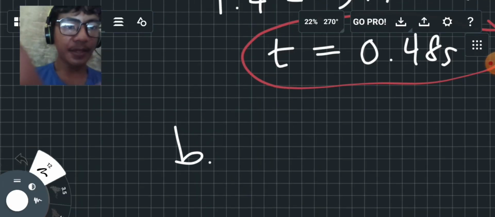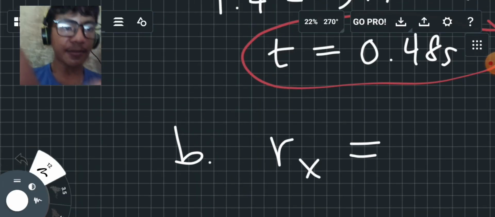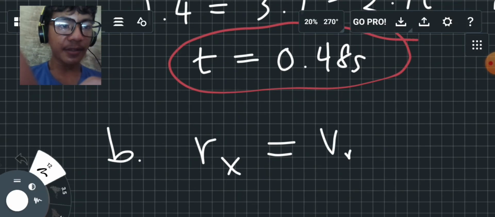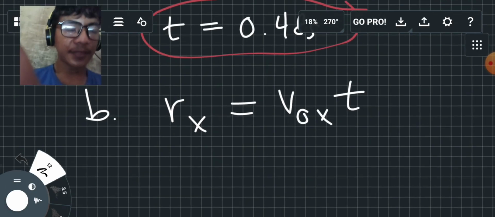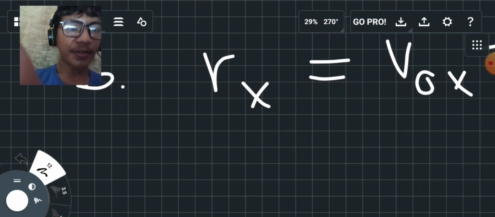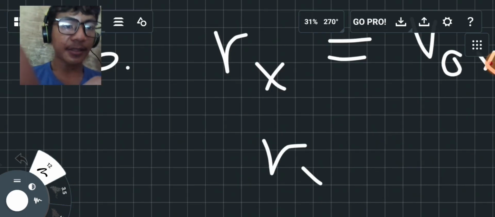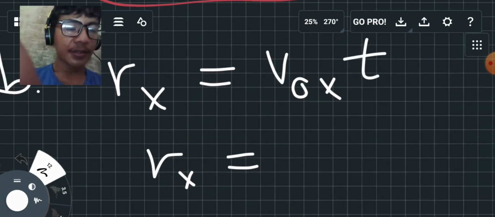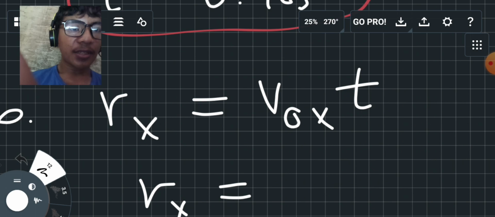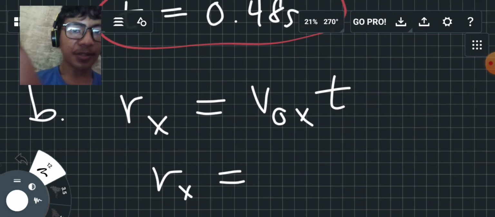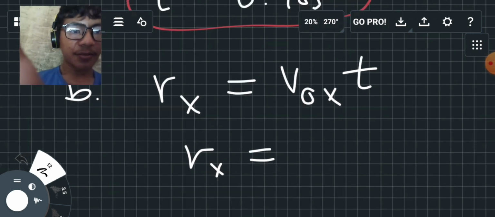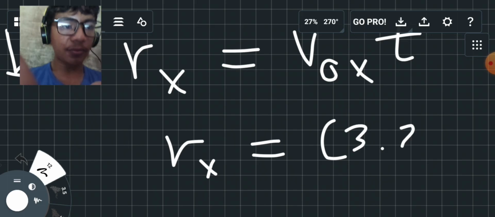So for B, we get R sub x equals v naught x times t. Since we're looking for R sub x, what is the x component of the initial velocity? We calculated that to be 3.2.